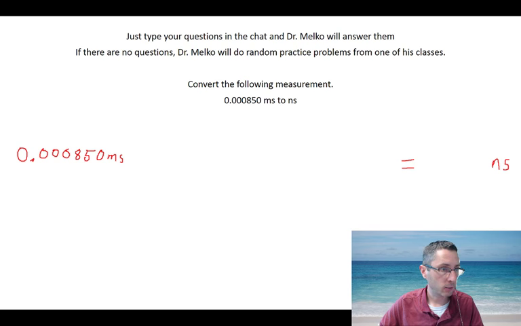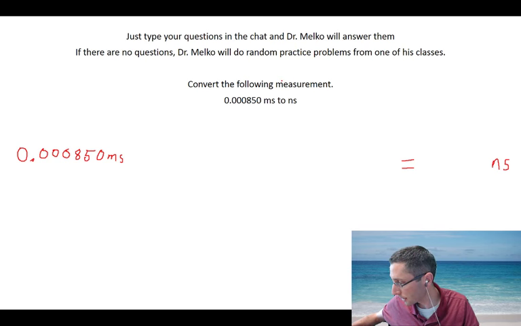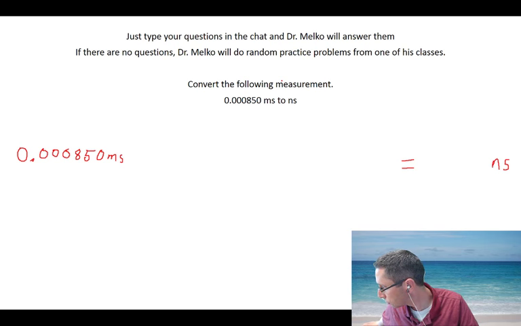A question in the chat, will you always provide the unit factors to help solve the problem? If it's English to metric, yes, Karen. If it's metric to metric, no. You'll be expected to memorize. If you look in the slides, I show a chart and say memorize this chart. And I'm serious, memorize that chart. So it's table 2.2 in the book on page 31 of all the metric relationships.